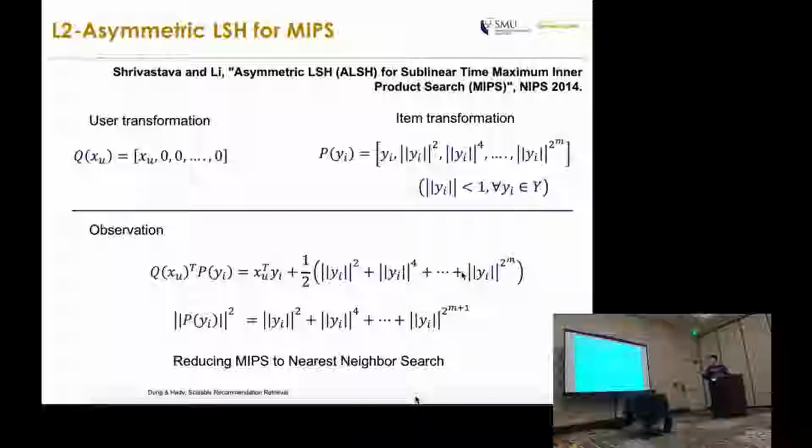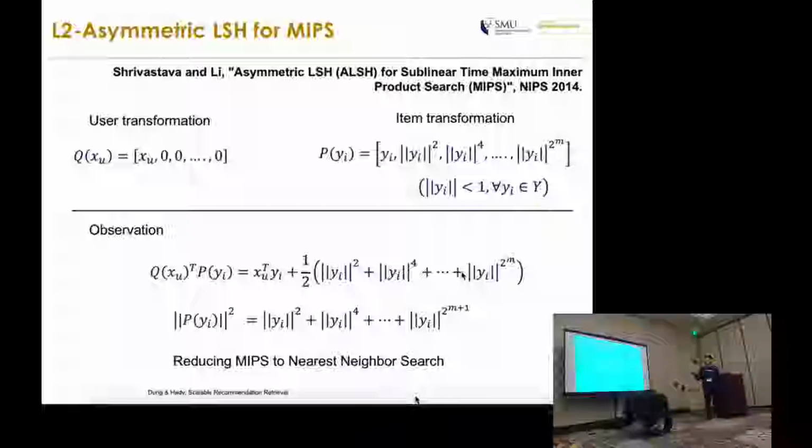What Shrivastava and Li proposed in their paper is to perform some transformation to transform maximum inner product search into nearest neighbor search. We have the original query vector xu and the item vector yi. You can define this asymmetric transformation.